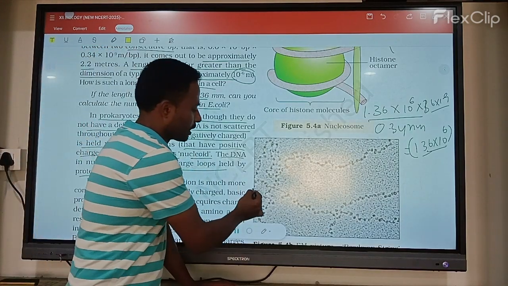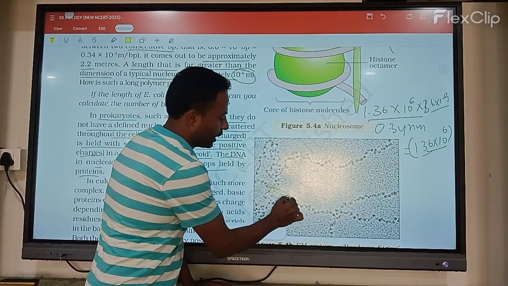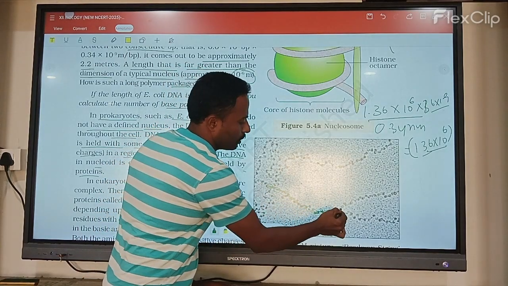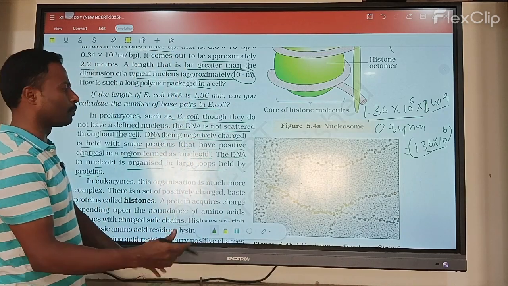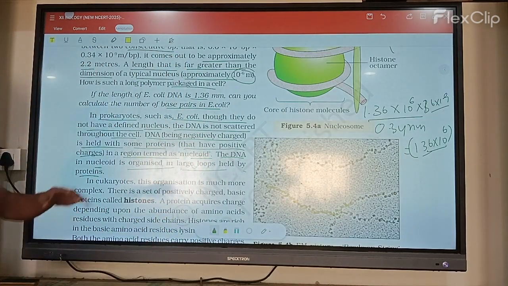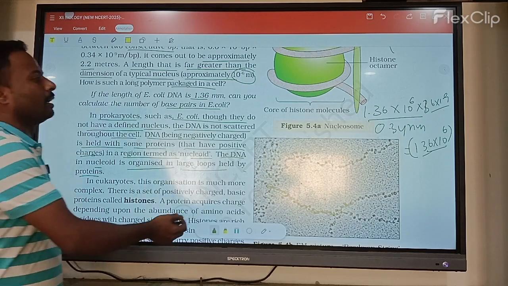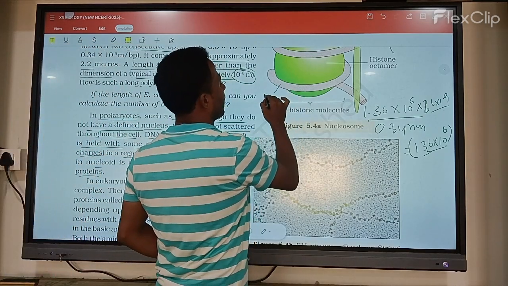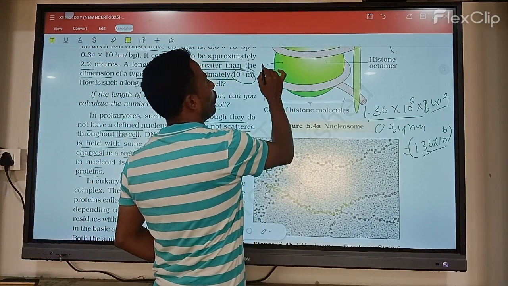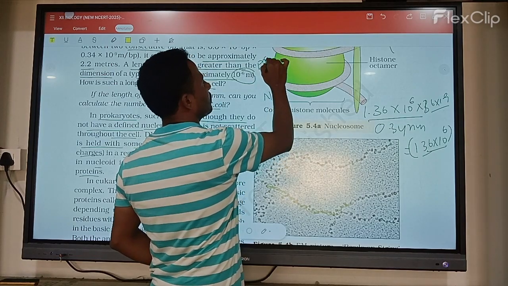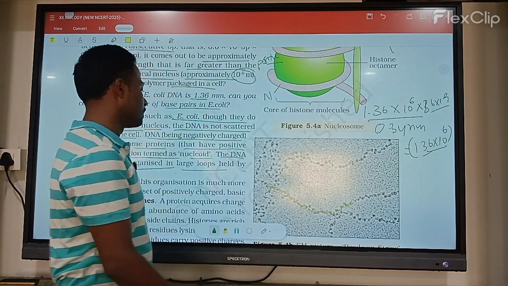See here, it is a complete loop-like structure, with a number of proteins arranged on it. So the DNA has a negative charge and the proteins have a positive charge.